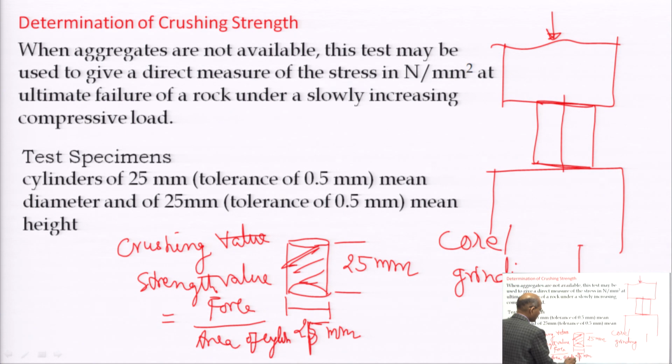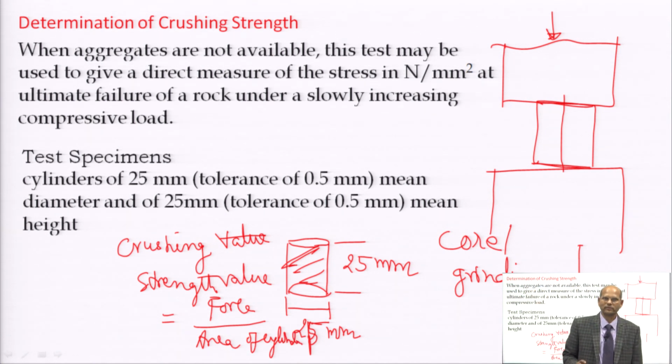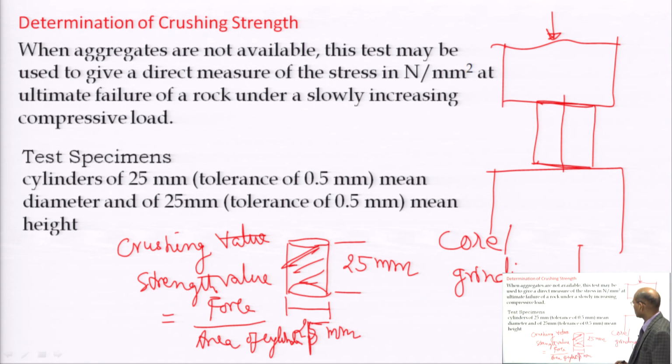Okay. So, with the help of this we will be in a position of getting the quality of this coarse aggregate, with crushing strength to get the quality of aggregate.